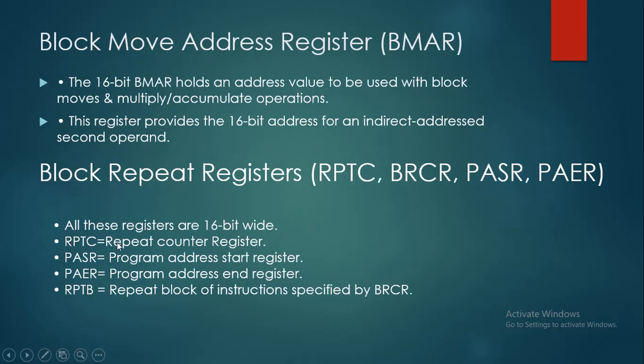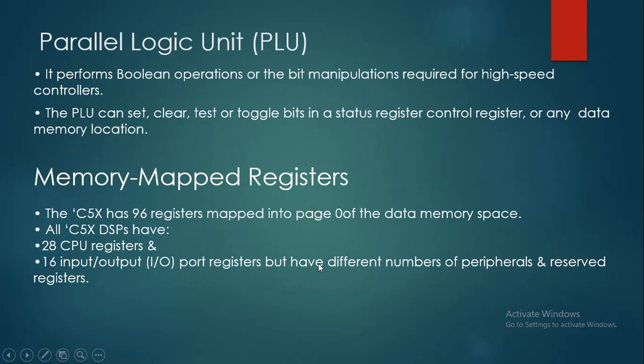Here, RPTC is the repeat counter register, PASR is the program address start register, PAER is the program address end register, and RPTB repeats block instructions specified by the BRCR, each a 16-bit address.